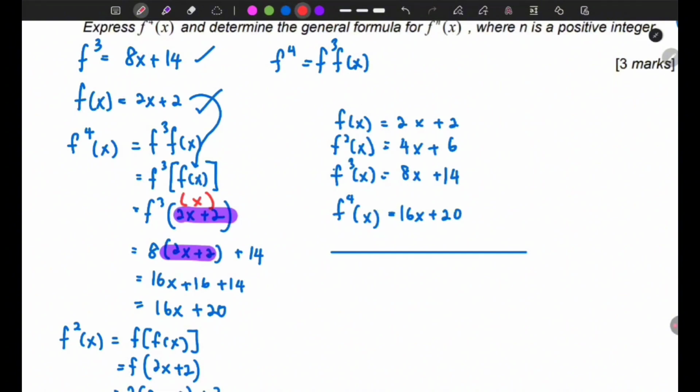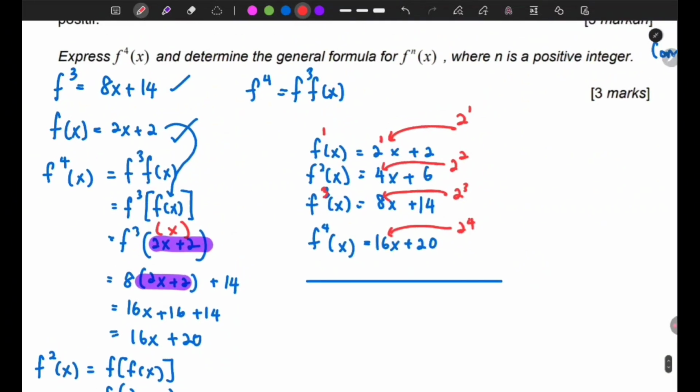When your f is power 1, you have 2 power 1. When your f is power 2, I can write 2 power 2. When your f is power 3, 2 power 3. When your f is power 4, this thing I also can write as 2 power 4. And the constants 2, 6, 14, 30 also might bring a pattern.